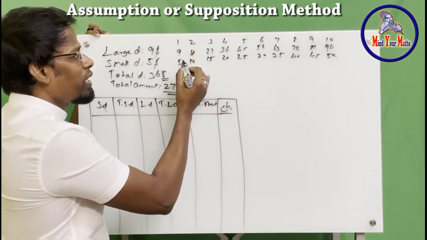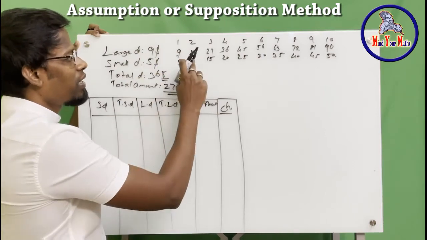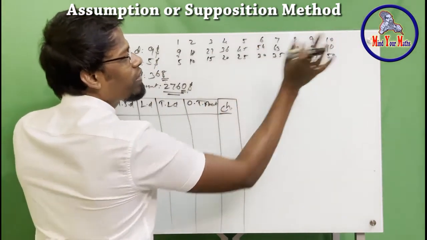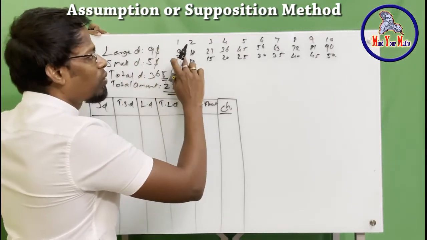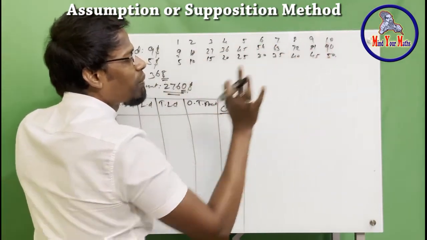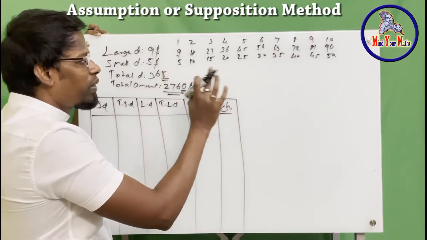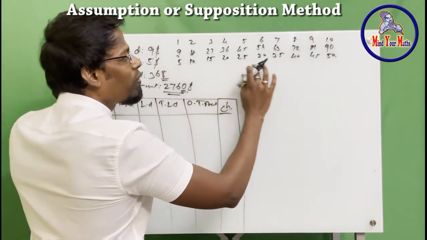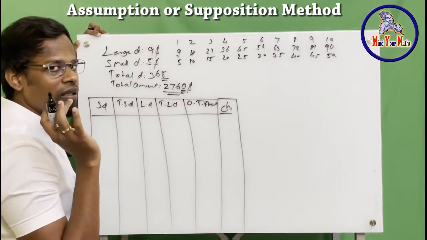See, whenever you multiply 9 with any number, it will always end with one of these digits only. And the same thing for 5: any number you multiply with 5 will always end with either 0 or 5. Got it?